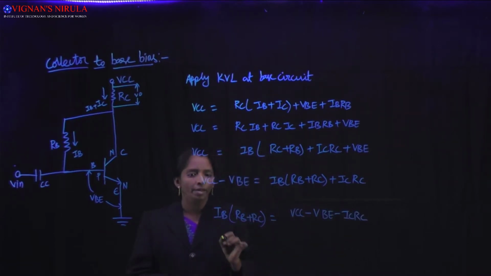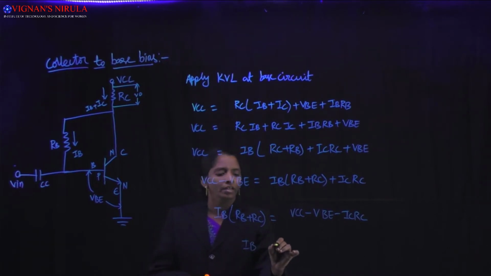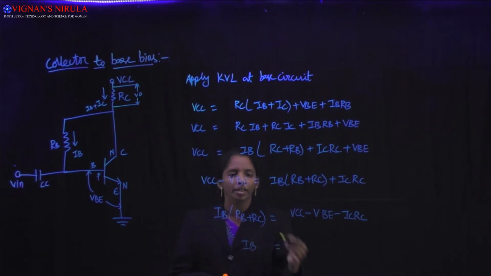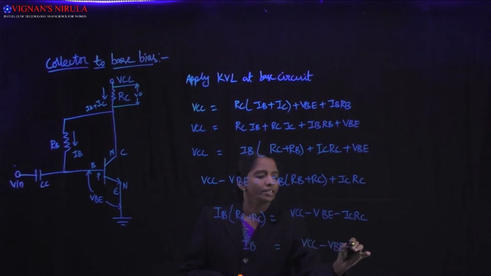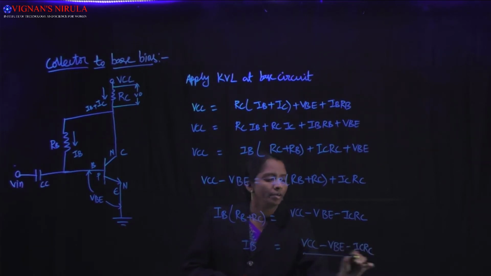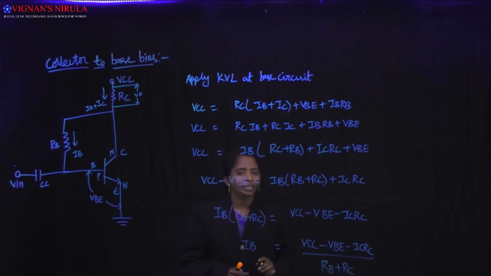We want IB only, the input current only. Now keep IB on the left-hand side and take the remaining terms to the right-hand side. Now we are getting IB equal to VCC minus VBE minus IC into RC, divided by RB plus RC. This is the input current equation.